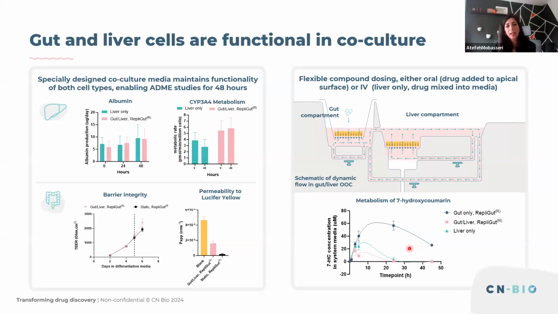When we add this compound and measure the metabolite concentration, we can see differences between the gut only using Replicot, and also gut liver and liver only.